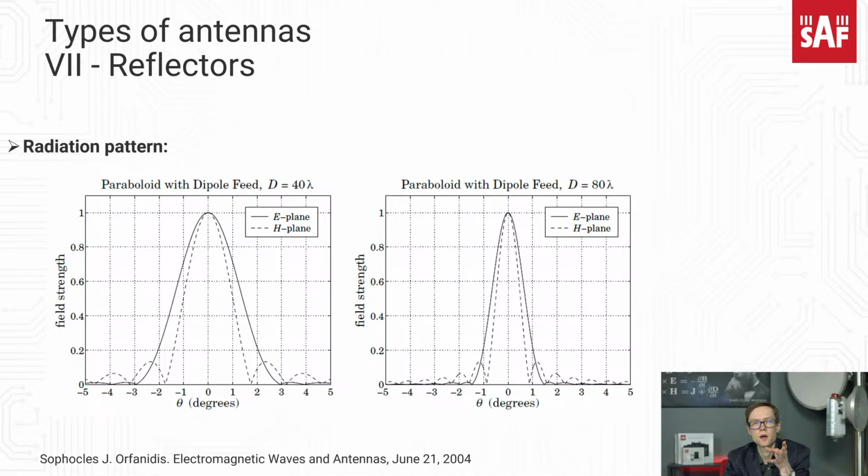Of course, the diagram on the right is used for the larger antenna, 2 times larger for the same frequency, and it has the narrower beam width, right? So it is more difficult to regulate and align this antenna, but it is more directed towards the endpoint or the other side of the link, and it is more beneficial to use it for reduction of unwanted interference between the links.